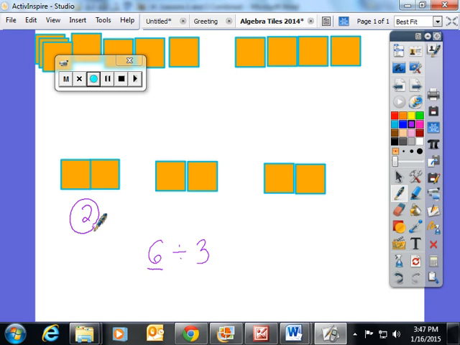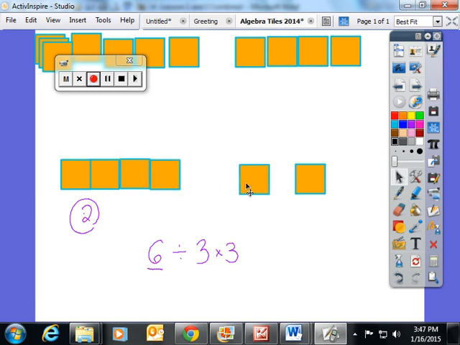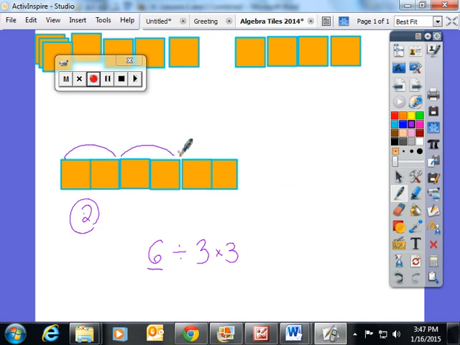They were then asked to take that 2 and do the opposite of the divide by 3, which was times by 3. So you took the 2 and you again multiplied it by 3. 1, 2, 3 groups of 2, and your answer was 6.